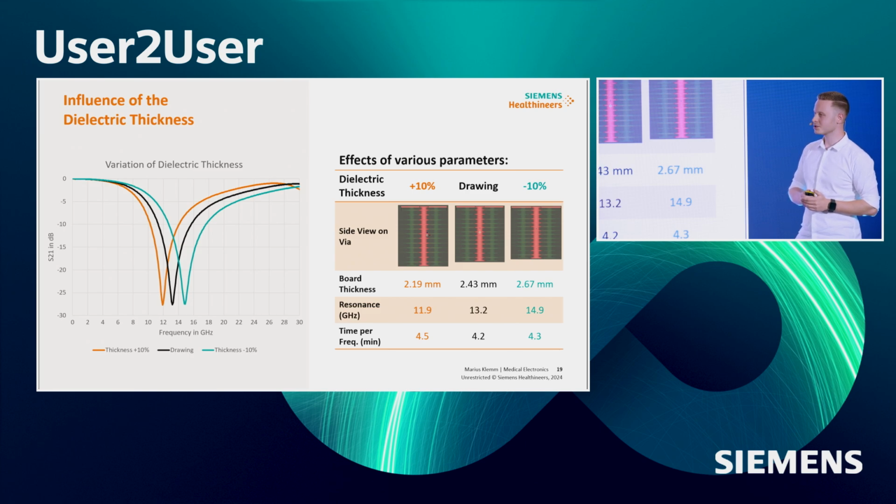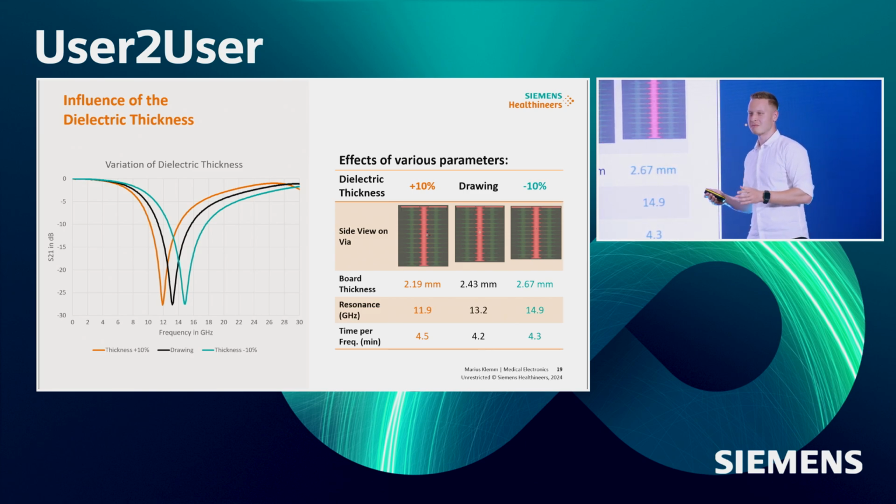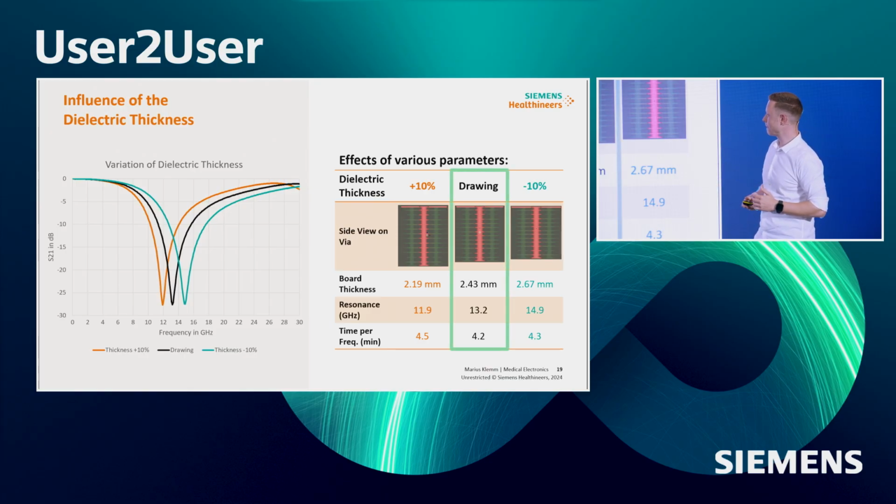So it's a very large deviation that we can have, but we do not have to have it. It's sometimes, but sometimes not. If you want to take a worst case scenario, you would take the thicker one, because this moves your channel bandwidth to the left. So it reduces your channel bandwidth. But in typical cases, I would also stick with the drawing here.